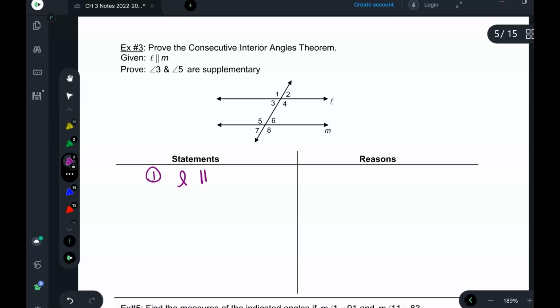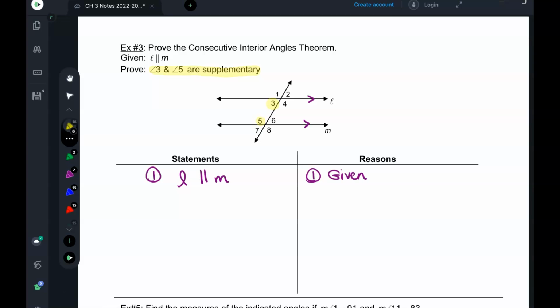So again, we'll start off with a pair of parallel lines. And what are we trying to prove? This time we're going to try to prove 3 and 5 are supplementary. So how can I relate those two angles?